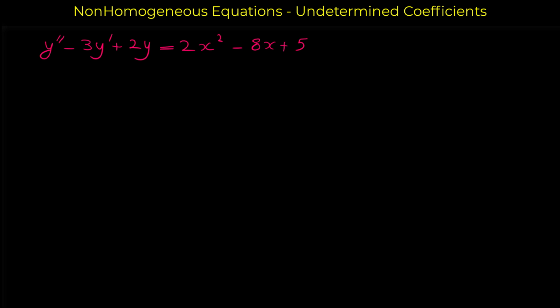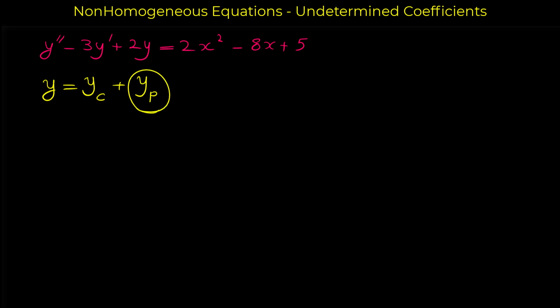The general solution y of a non-homogeneous differential equation is always equal to y sub c plus y sub p. But what is y_c and what is y_p?